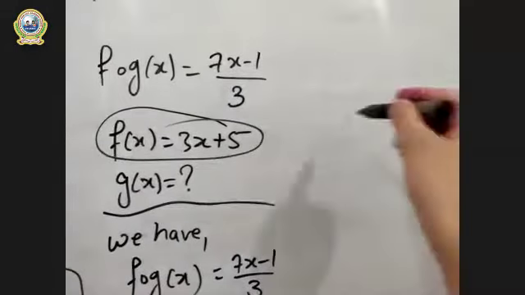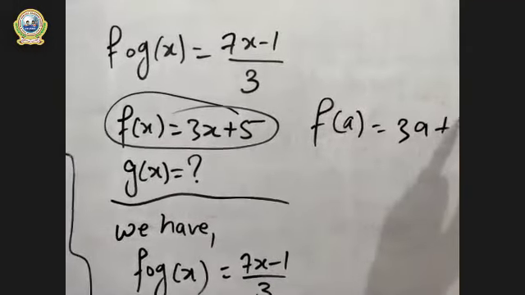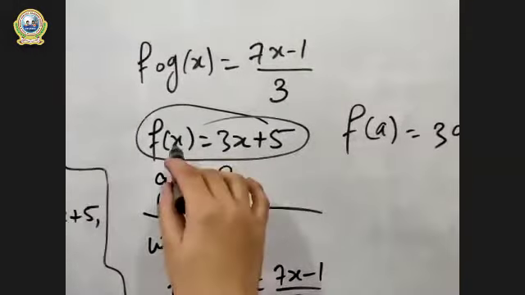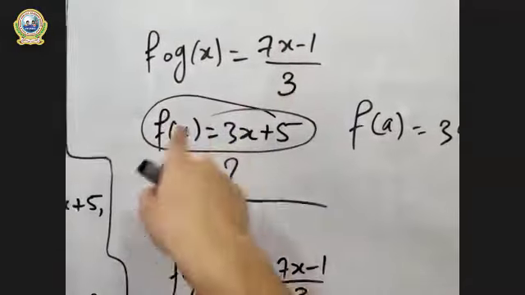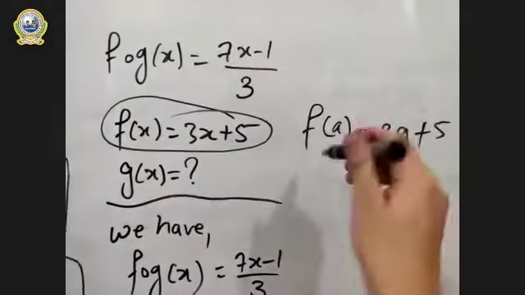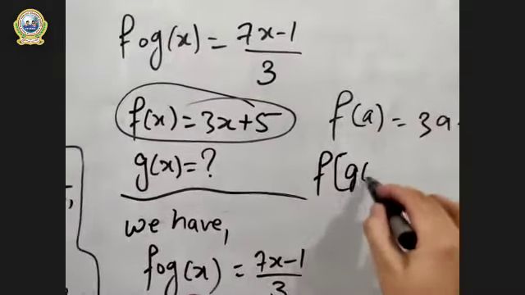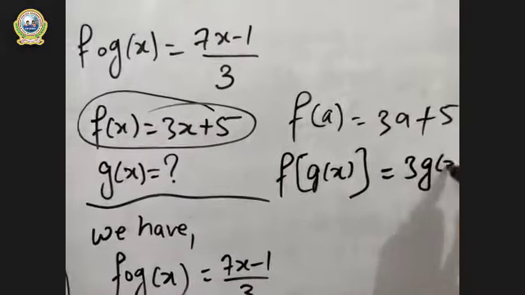So now tell me, f(a) will be 3a plus 5, right? It is given as f(x) is equal to 3x plus 5. Sorry, I think I told minus, right? Correct it. f(x) is equal to 3x plus 5. So f(a) will be 3a plus 5. Now f(g(x)) will be 3 g(x) plus 5.